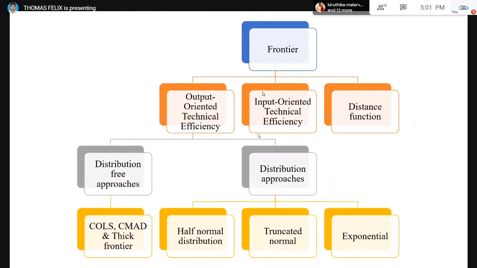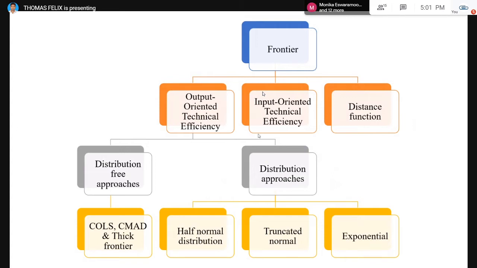Output oriented means, with the same level of input, how much the farmer is inefficient, that is, how much the farmer can increase his output. On the other hand, input oriented approach means, with the same level of yield, how much he can reduce his input.